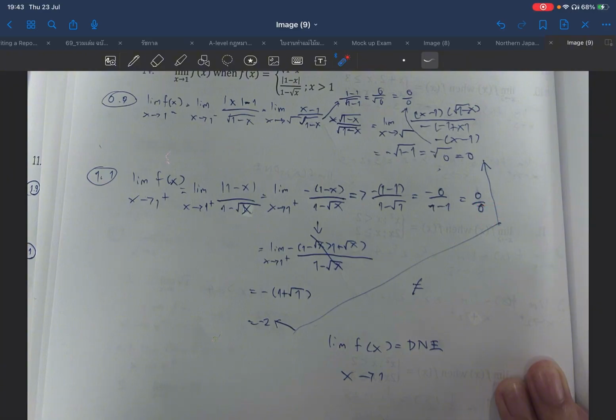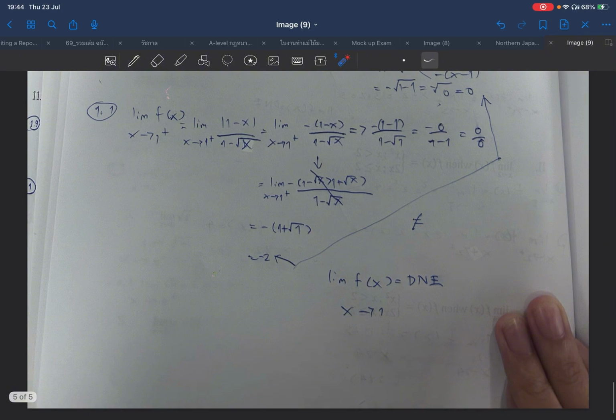Substituting x will give us 1. So minus 1, no, minus 1 plus root 1 in brackets. We'll get minus 2, so these two do not match. So since 0 is not the same value as minus 2, the limit does not exist.